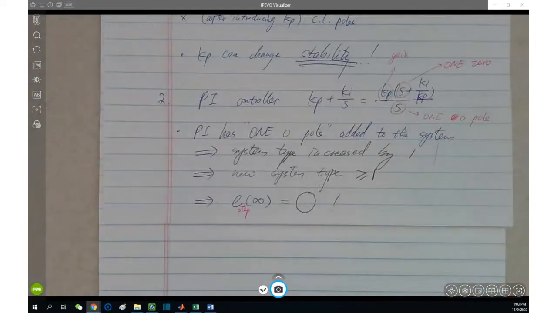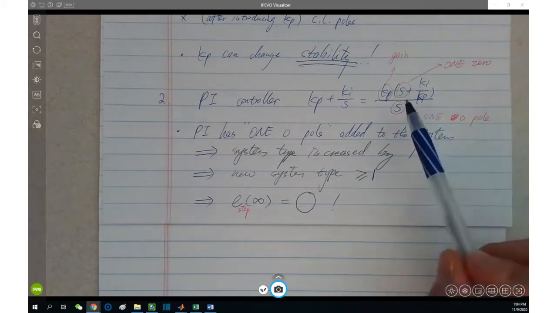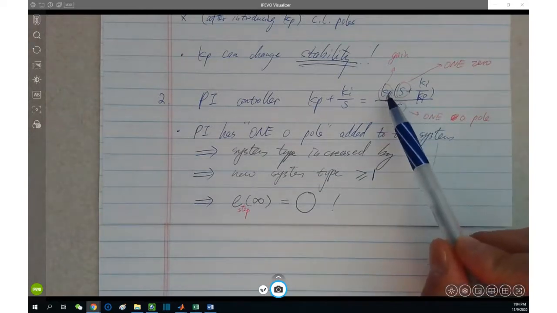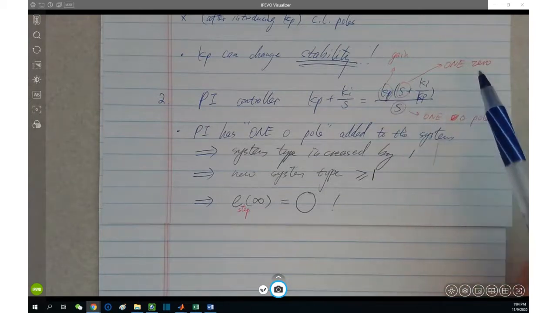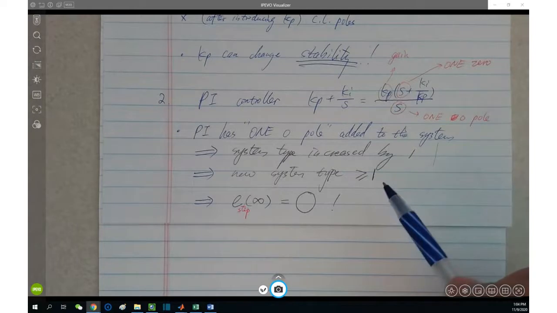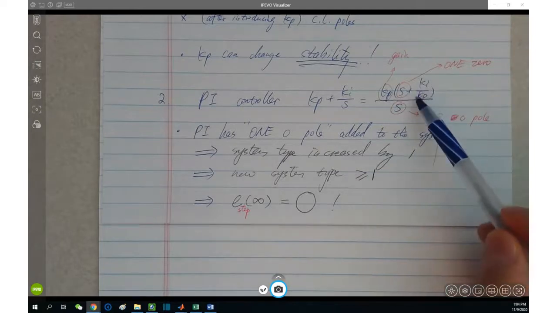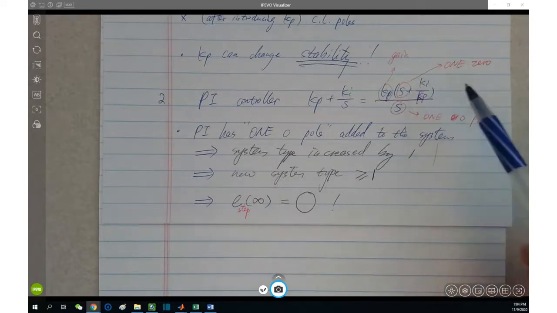Next, we learned the PI controller. The PI controller obviously can do more. First, the PI controller is introducing a gain. Besides the gain, it's introducing one zero, with any value depending on your Ki and Kp design.